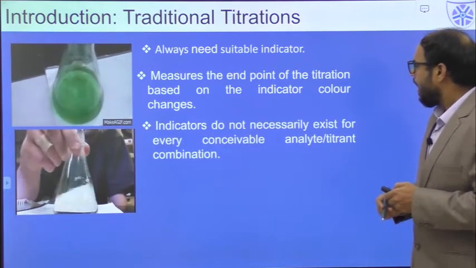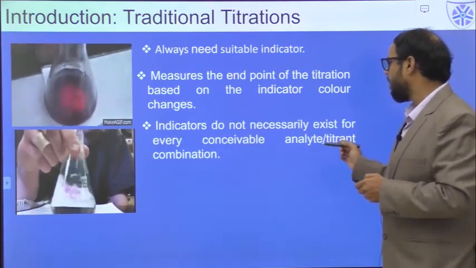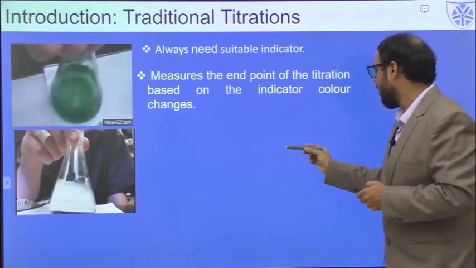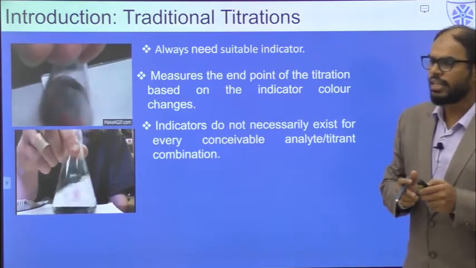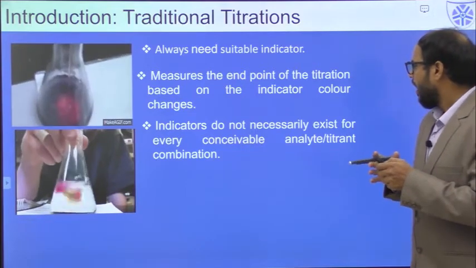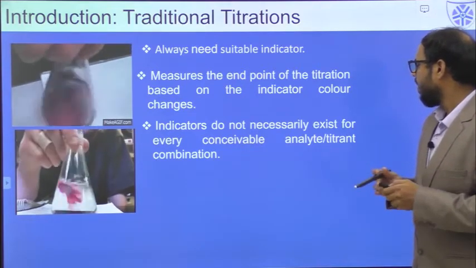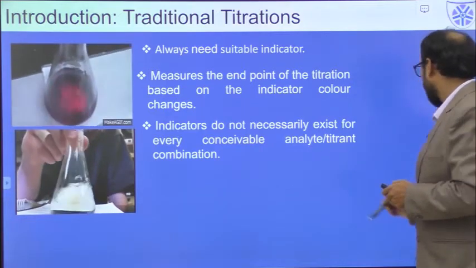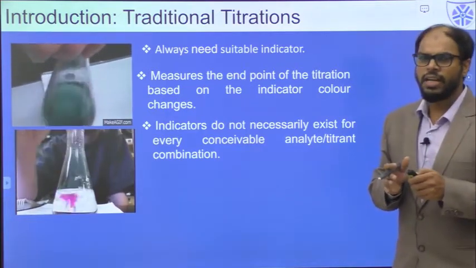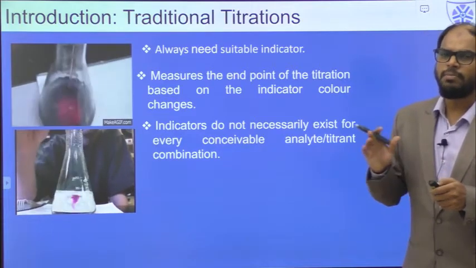Indicators do not necessarily exist for every conceivable analyte or titrant combination. There is no guarantee that we have a correct indicator which is compatible with the analyte and the titrant.